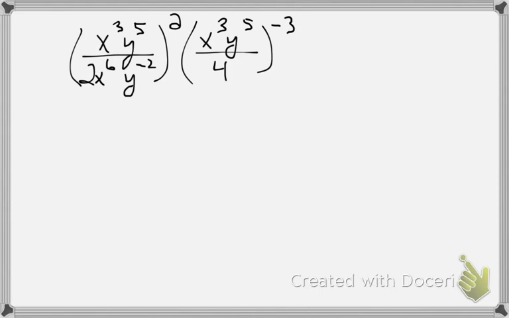This is nothing to you guys. It's just scary to look at. If you just take it one step at a time, use those rules, you'll get to the right answer.